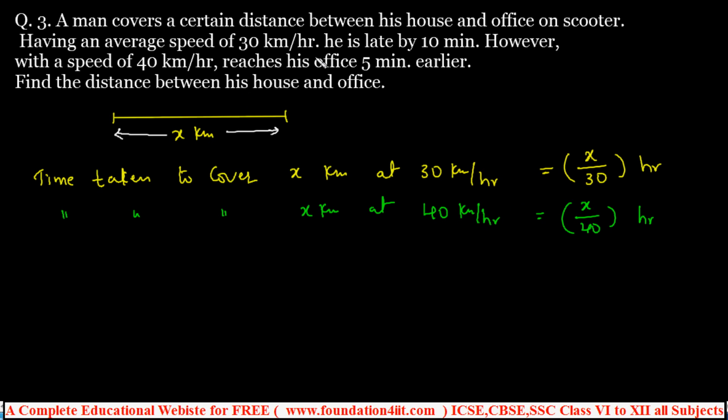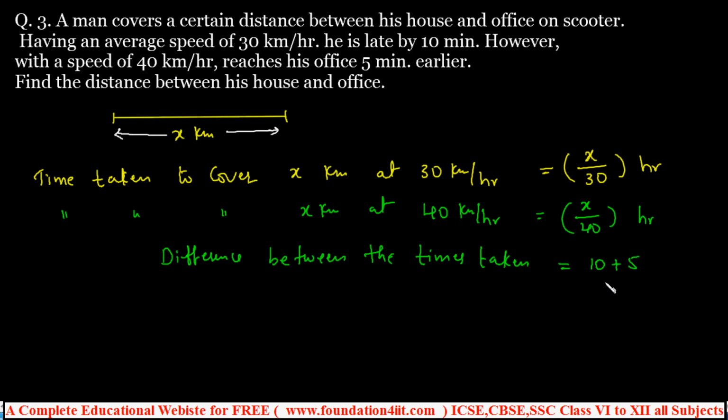But if you see the difference, going slow is 10 minutes late, going fast is 5 minutes early. So the difference of these two is 15 minutes only. Right? The difference between the times taken is 10 plus 5, 10 minutes late and 5 minutes early.